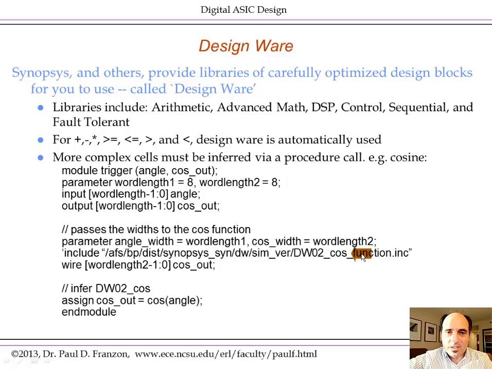It's a library of designs that includes many arithmetic functions, advanced math functions, and so on that you can call within your design. When you're using plus, minus, star, comparison, and so on, you're actually using DesignWare and using it automatically. Remember again, plus gives you a ripple carry adder, as of course does minus.